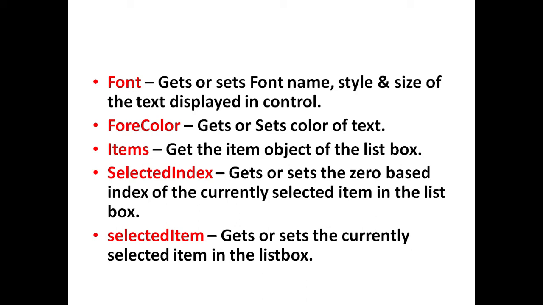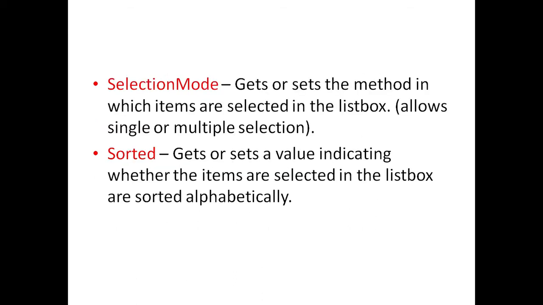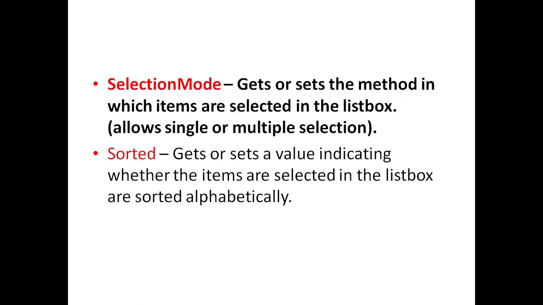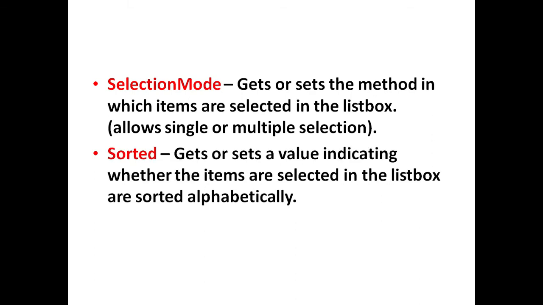The SelectedItem property is used to get or set the currently selected item in the list box. The SelectionMode property is used to get or set the method in which items are selected in the list box. A list box allows you to select single or multiple items. The Sorted property is used to get or set a value indicating whether the items in the list box are sorted alphabetically.